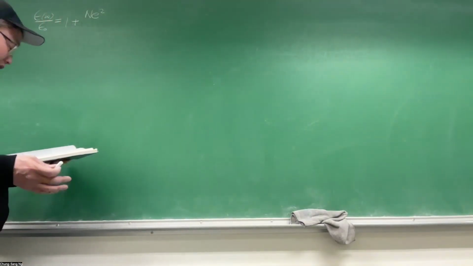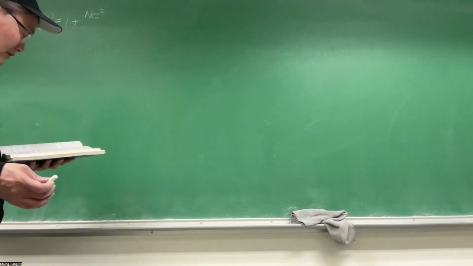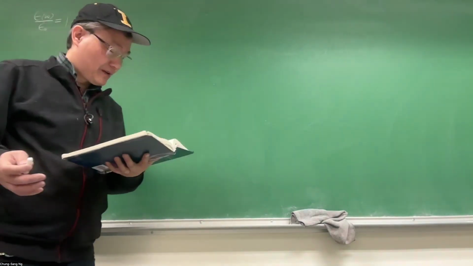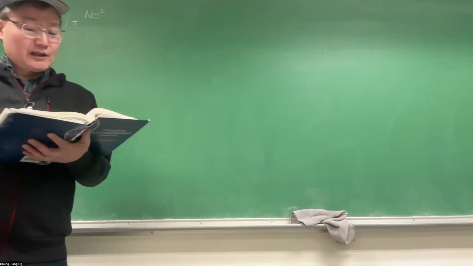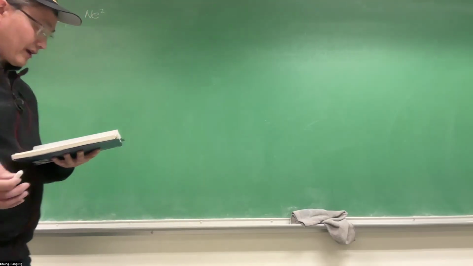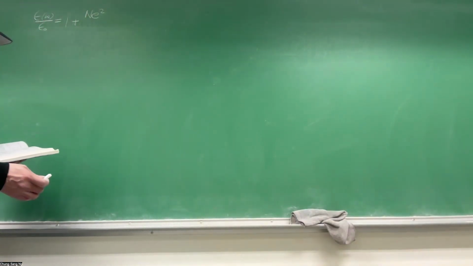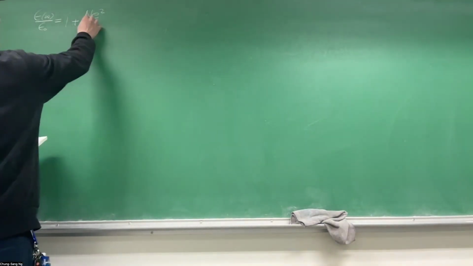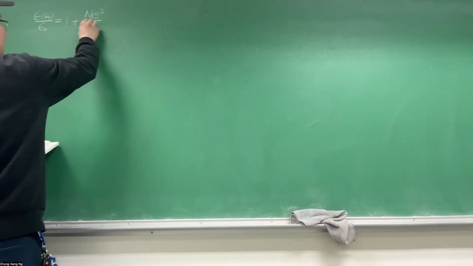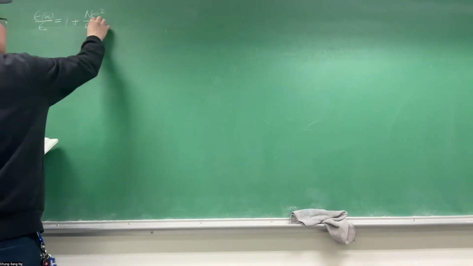So sum over j, each one has f_j times e charge. So you sum over f_j to get Z, so that's 7.52. But anyway, these are just Jackson trying to make it more general.